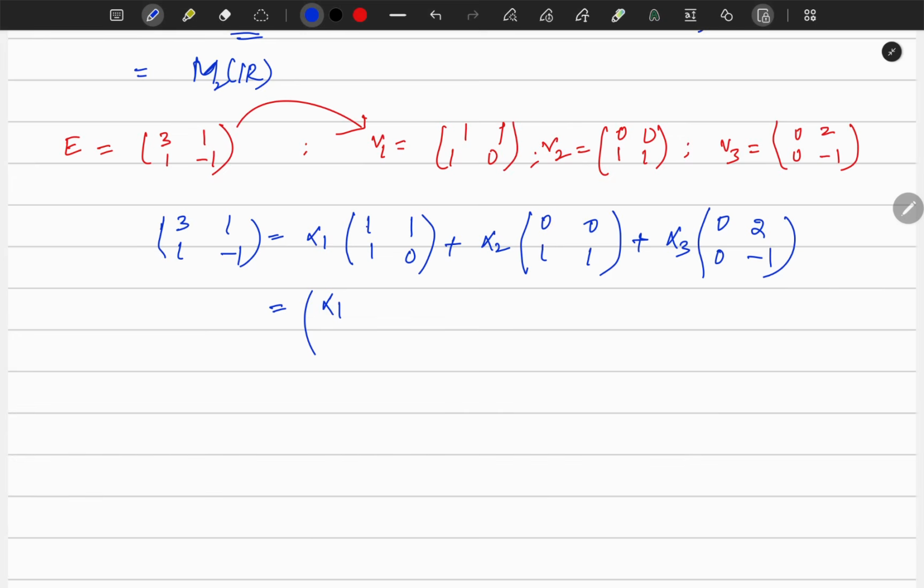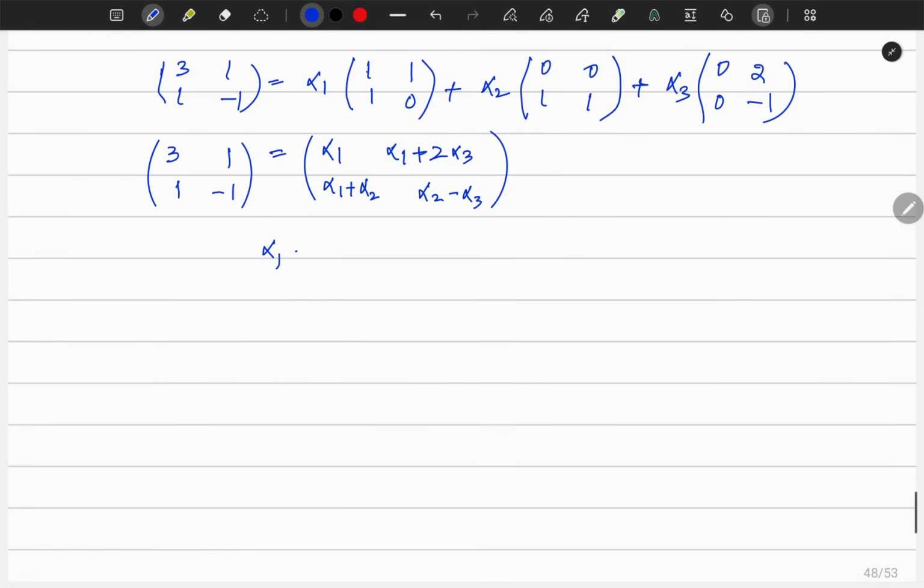Alpha 1, then alpha 1 plus 2 alpha 3, similarly here alpha 1 plus alpha 2, and here alpha 2 minus alpha 3, and on the LHS 3 1 1 minus 1. So again you are getting a system of linear equations. Alpha 1 is equal to 3, alpha 1 plus 2 alpha 3 is equal to 1, alpha 1 plus alpha 2 is equal to 1, and alpha 2 minus alpha 3 is equal to minus 1.